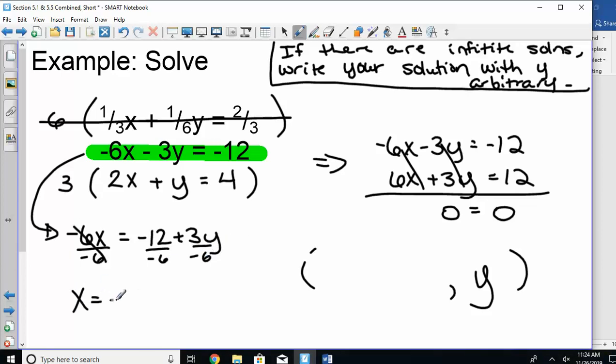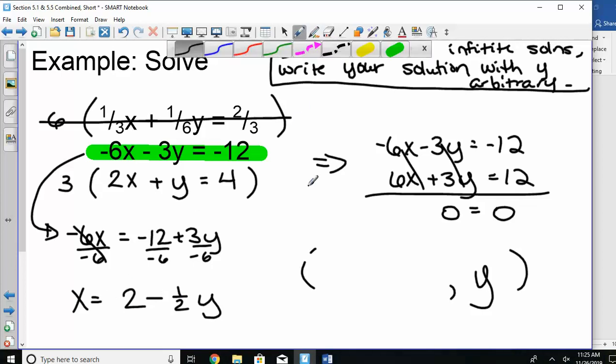So x is -2 minus 1/2 y. Oh, yes, thank you. Missed my negative. -2 minus 1/2 y. There are different ways of writing this. You might have, if you had one big fraction, -4 minus y all over 2 would be fine. -2 minus y over 2 would be fine.